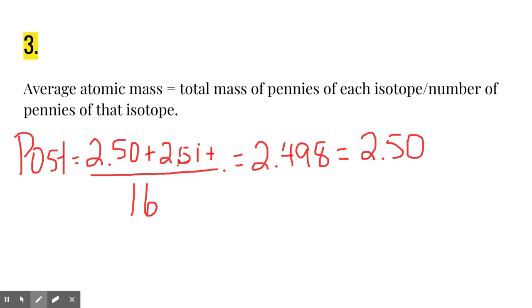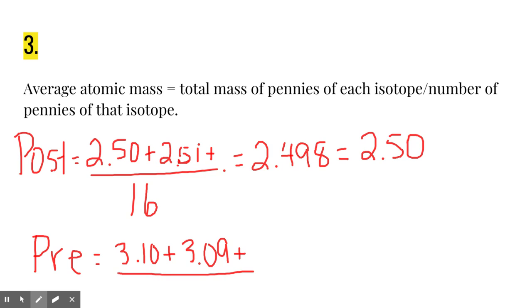We're going to do the same thing for our pre. The pre should not take quite as long because you just have 4 pennies there in the pre. So I think I had 3.1, 3.08, 3.2, 3.09. So you're going to add all of your pre's together and you're going to divide by 4 because there's only 4 of them.